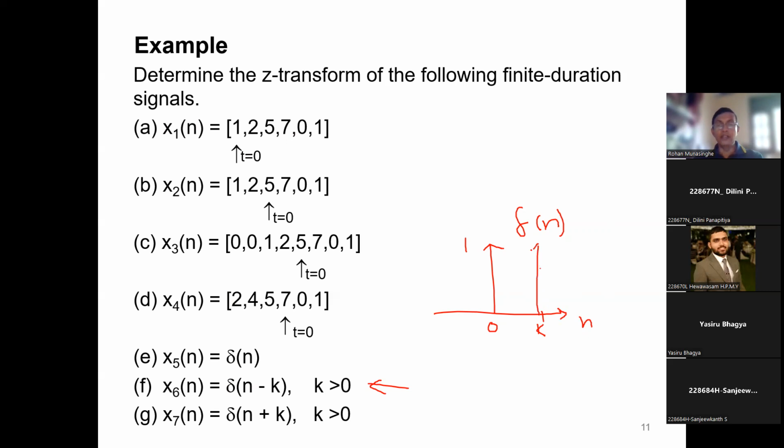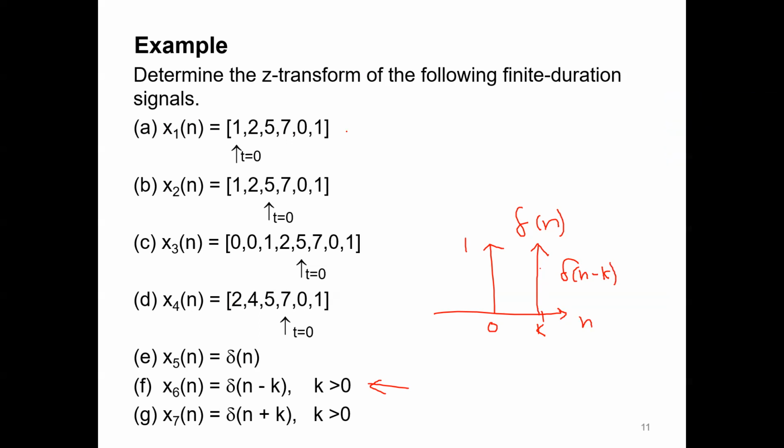So this is delta n minus k. Okay, remember that. I think these are the little confusing things to you. Now you can get a head start.